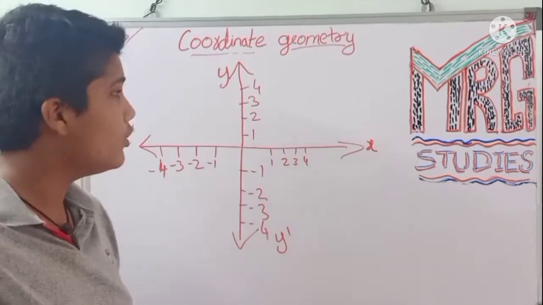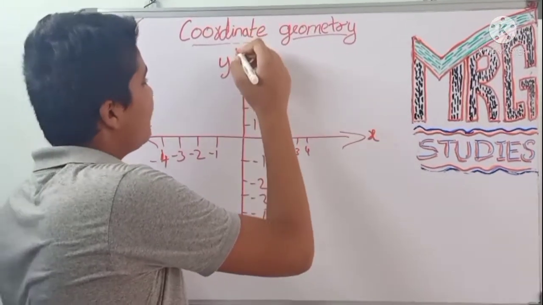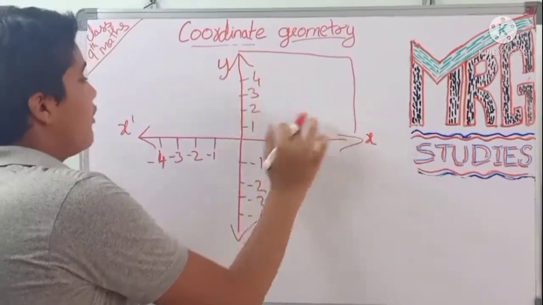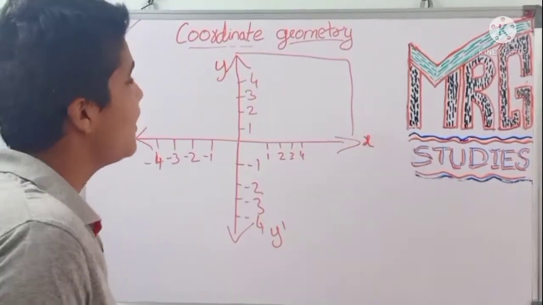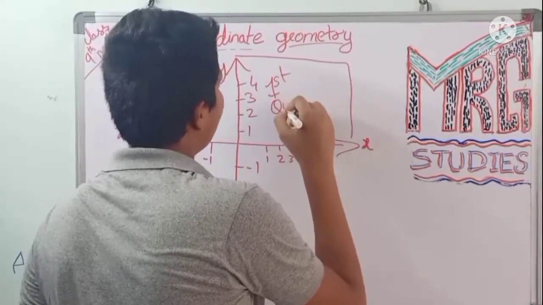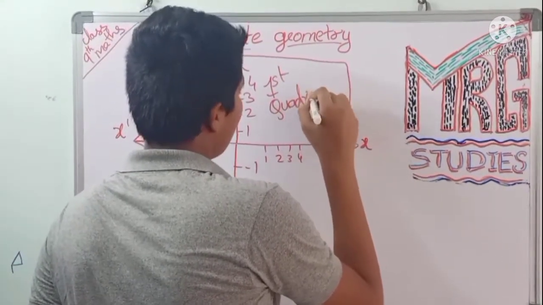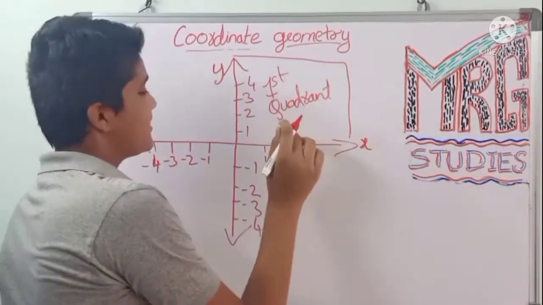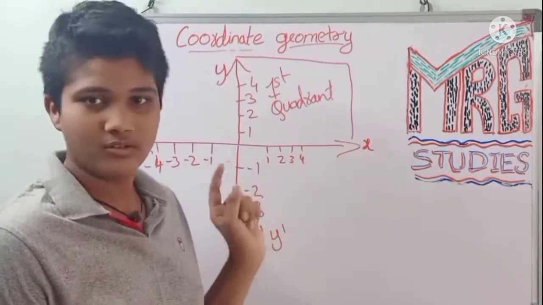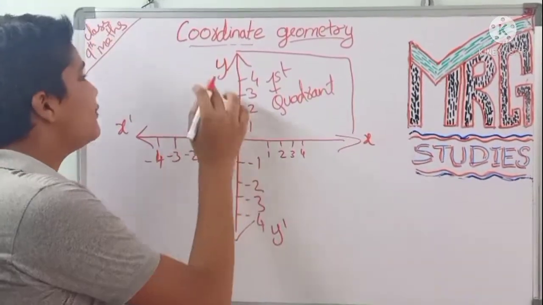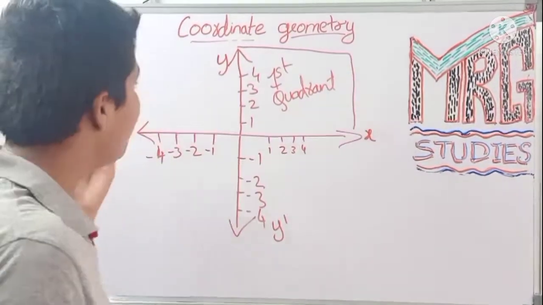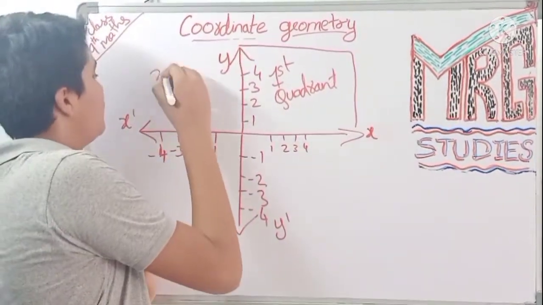Okay friends. So this squared part from here to here, what is it called? It is the first quadrant. The part from the y-axis to the x1 axis, what will we call it?